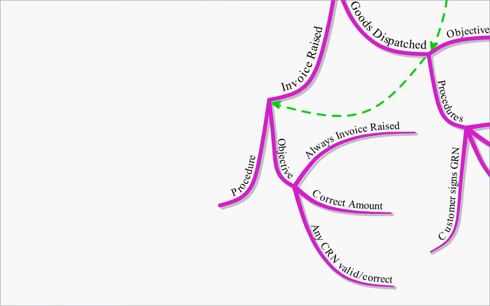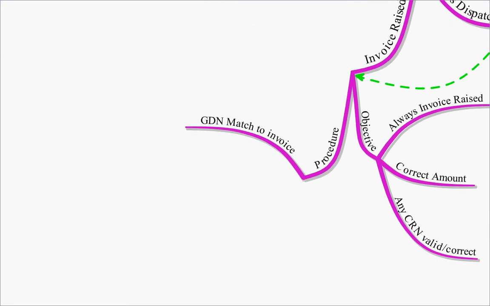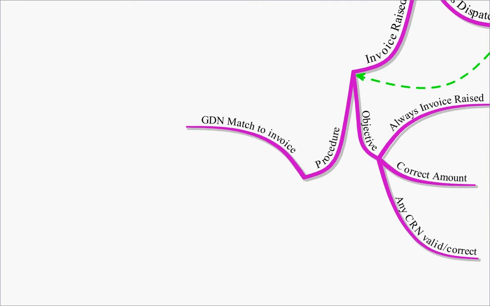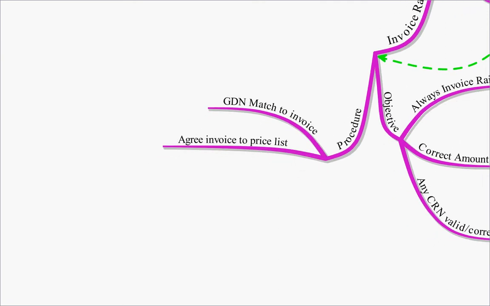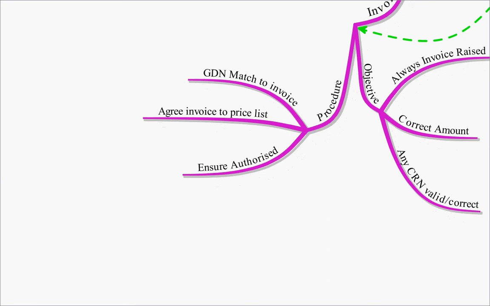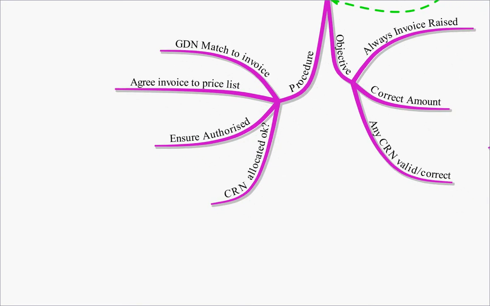Procedures to ensure this happens: well, you can match the goods delivered notes to the invoice. You can agree the invoice to the price list to ensure that it's at the correct amount. You want to ensure that all invoices are authorised, and you want to make sure that the credit notes are allocated to the correct invoice.